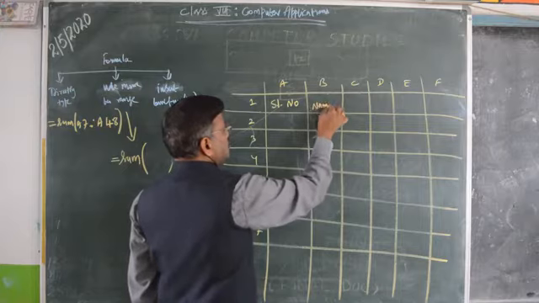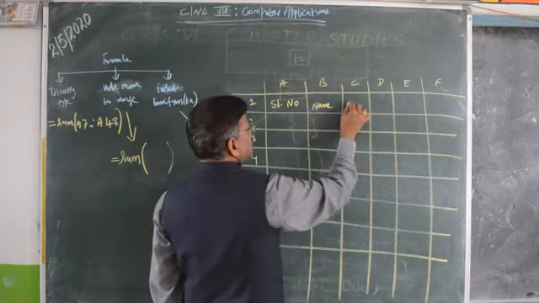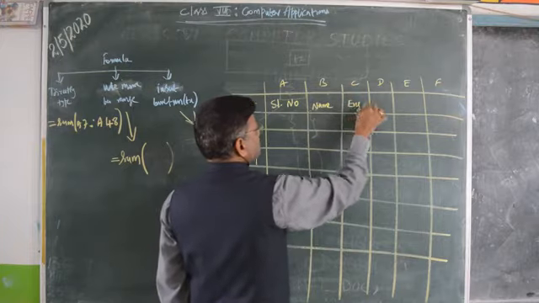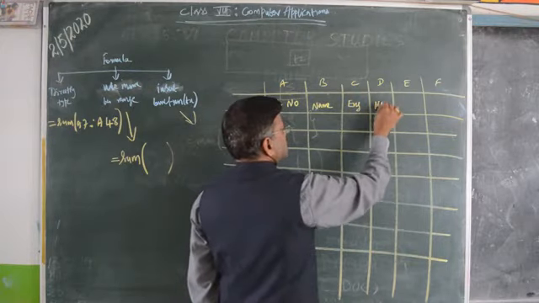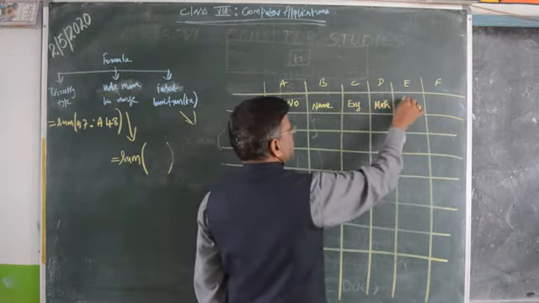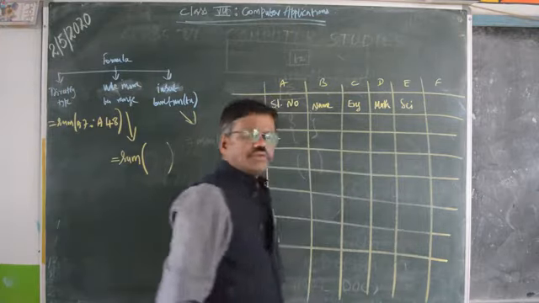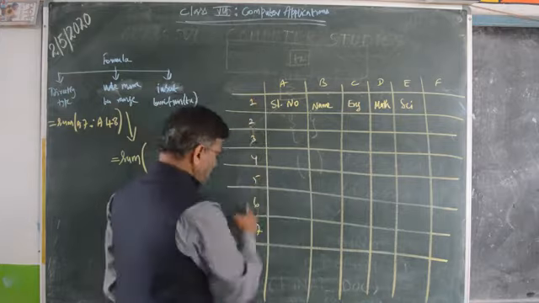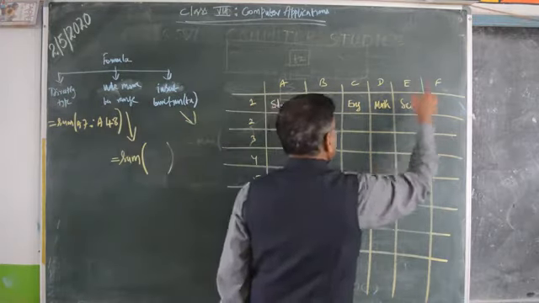Here, name. Here, English, maths. Imagine, this is what your row is, this is what your column is, right?